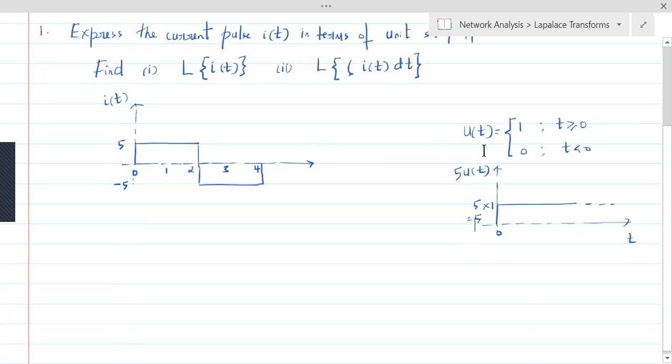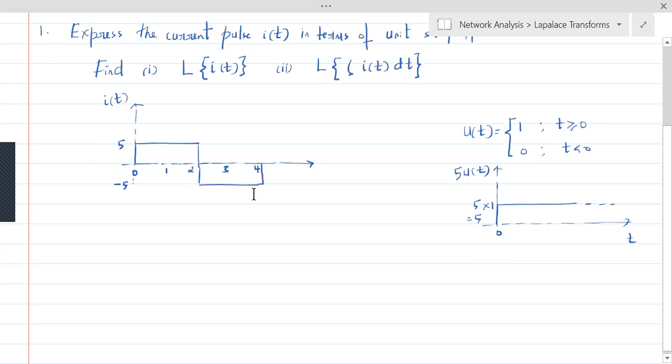By multiplying 5 to u of t, we can obtain that. And it's not only obtaining a unit step function of amplitude 5 starting at 0, but we also need to obtain a signal having the amplitude minus 5. Get that point? So how to get this is another thing that we need to think of.